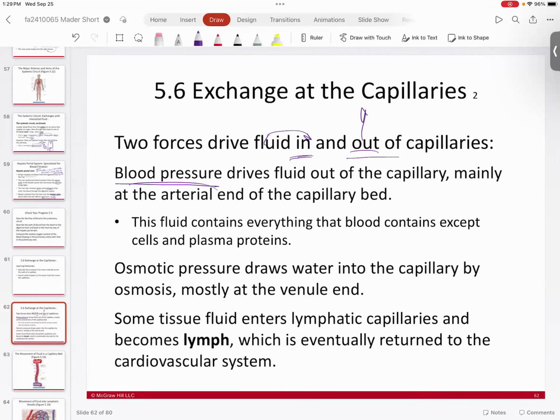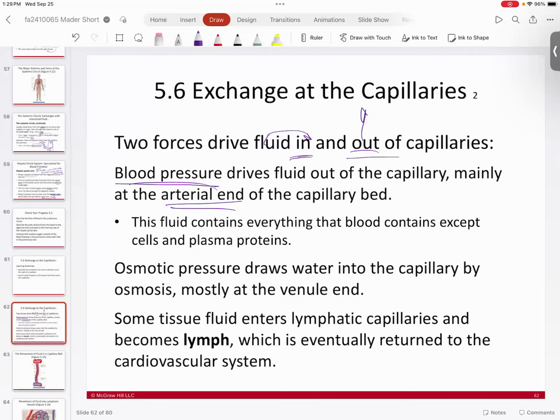The blood pressure going into the capillary is creating that push against the capillary wall. This is higher at the arterial end and lower at the venous end. This is what's causing the fluid to push against the capillary and the nutrients to move into the tissues. Basically, it's like a strong tailwind.